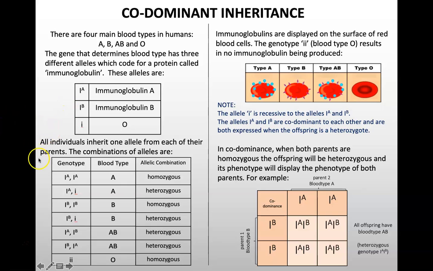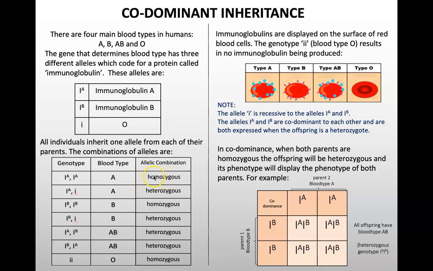Okay, all individuals inherit one allele from each of their parents. And so, of course, the combinations of alleles could be any of these, what have we got? Seven different combinations of alleles here. So we have immunoglobulin A, one allele from mum, one allele from dad, and of course they're codominant with each other. So they're both going to express that same immunoglobulin protein.